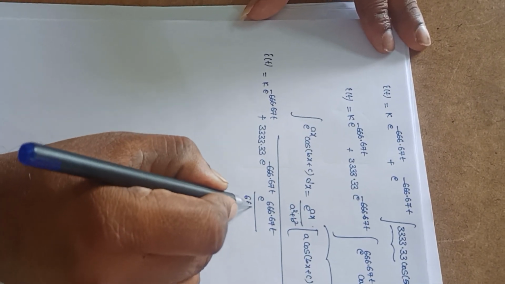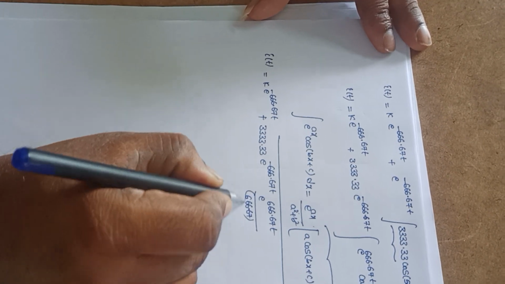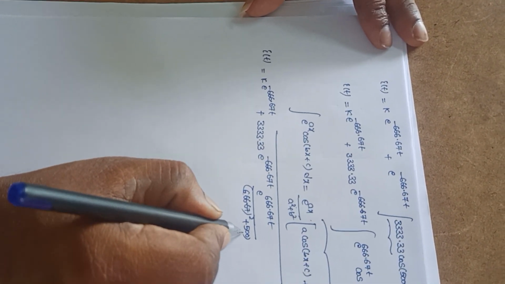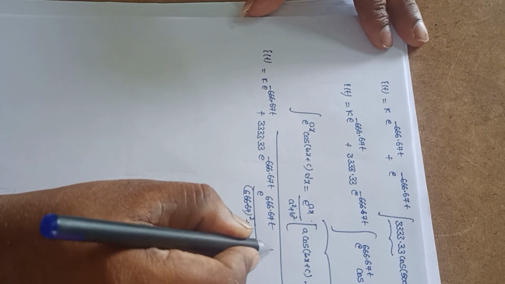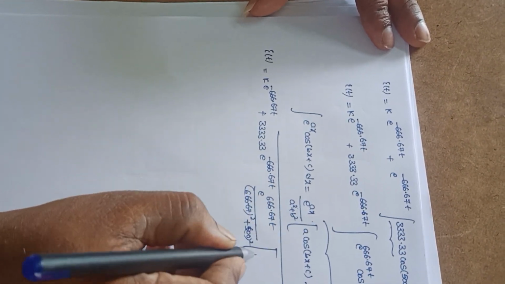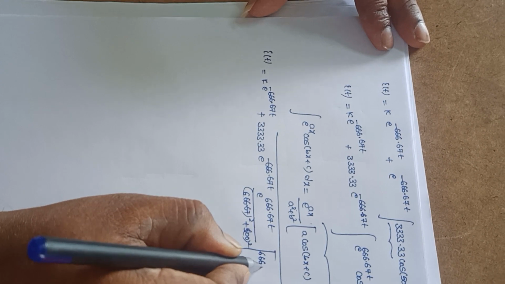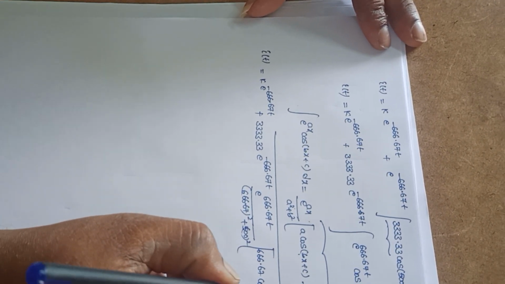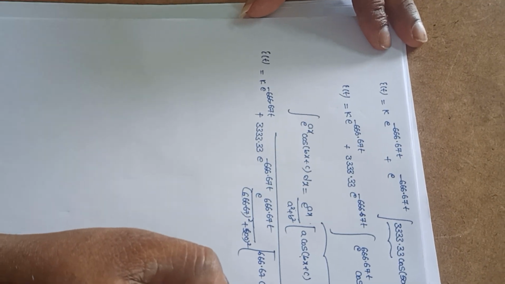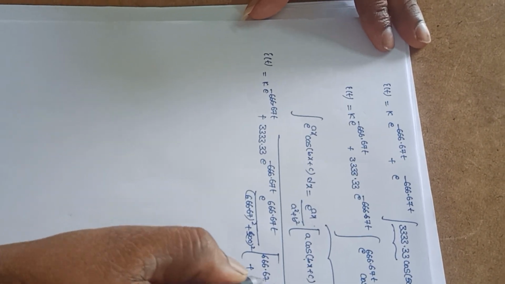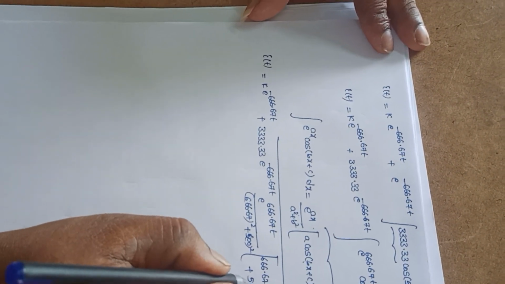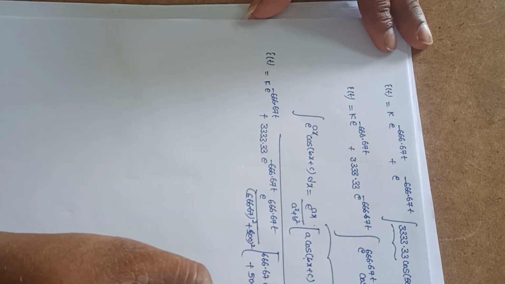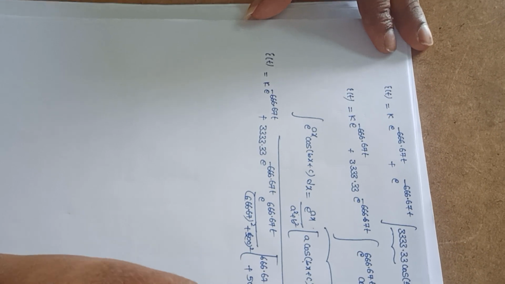A value here is 666.67 whole square, b value here is 500, so plus 500 whole square, into a value 666.67 cos of bx plus c, cos of 500t plus 45 degrees, plus b value 500 into sine of 500t plus 45 degrees.